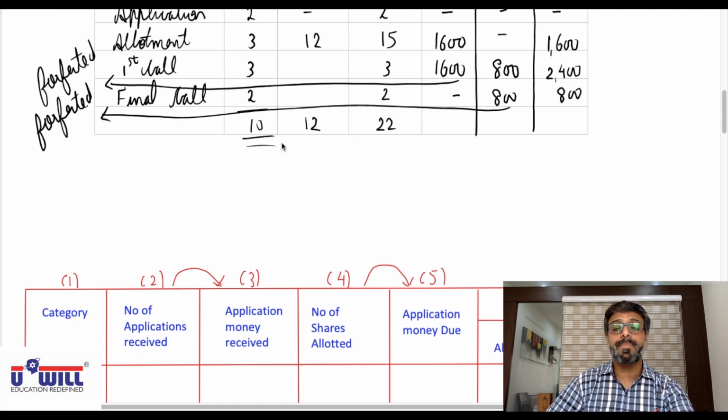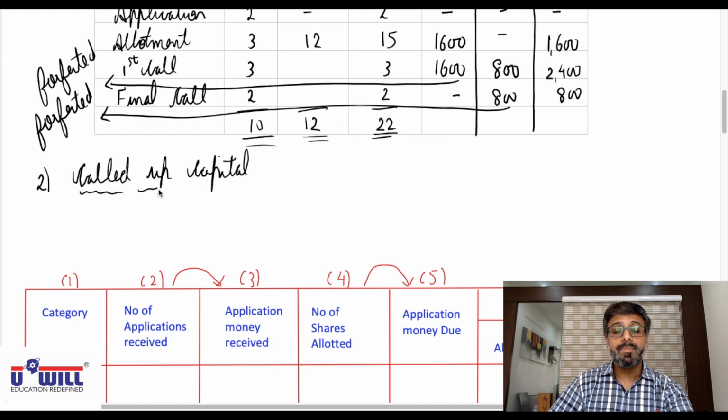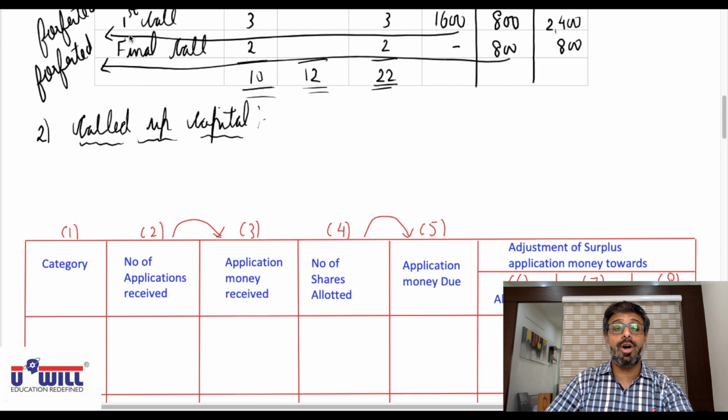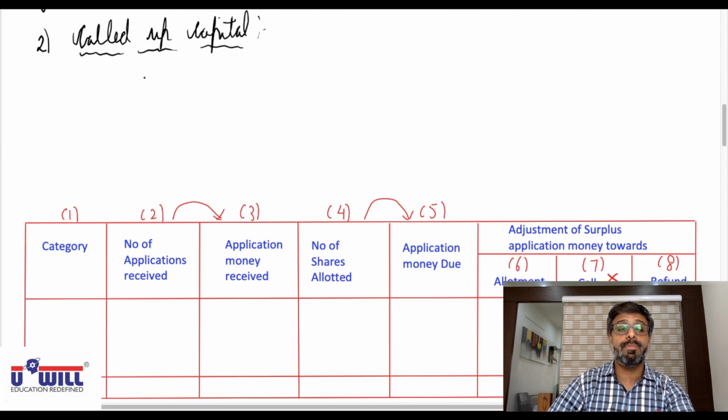Okay. Now, second workings called up capital. We will do it one by one for both the persons. Okay. So first we find called up capital of Preet and then of Meet.